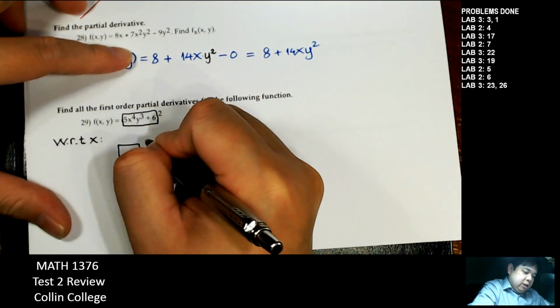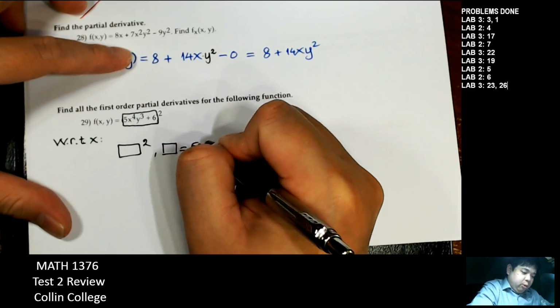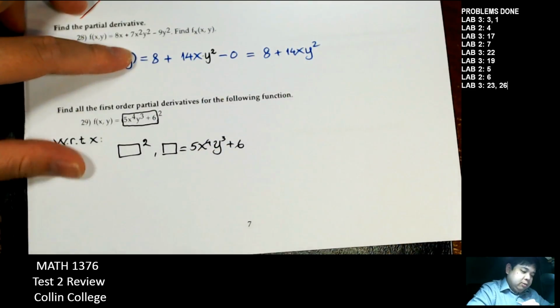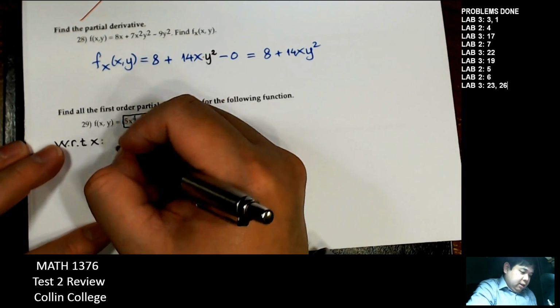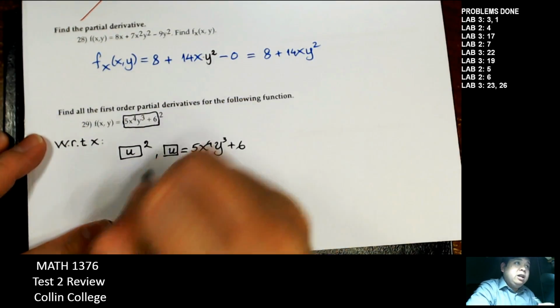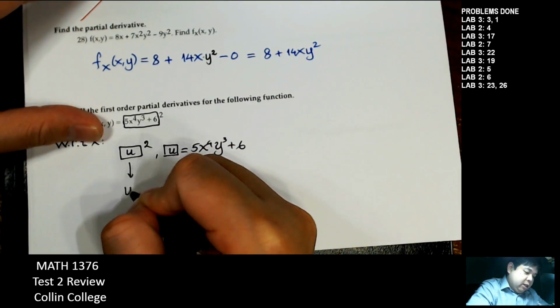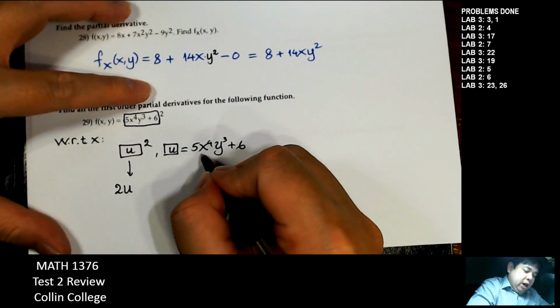So I have the box square, and the box is 5x to the 4th y cubed plus 6. Put u here. Derivative of u squared is 2u.